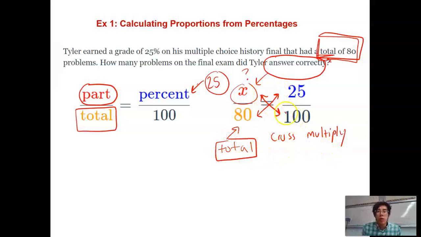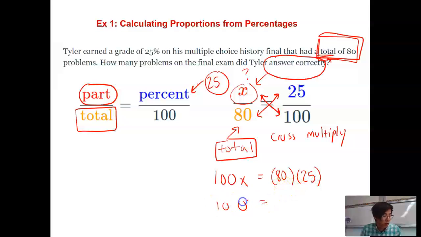Once I do that, I get 100 times x, and then I get 80 times 25. Let me simplify that. I'll get 2,000.